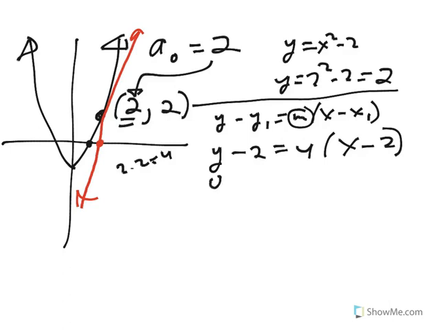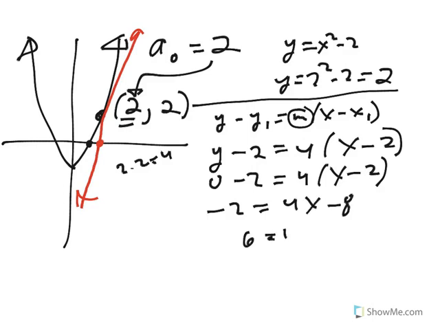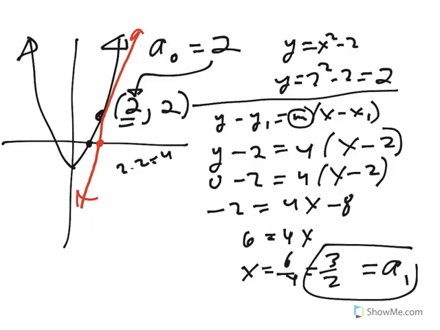And if I plug 0 in for y, of course any x-intercept has 0 as its y-value, and solve, x equals 3 over 2. So this is my next approximation, and it is the x-coordinate of that point.